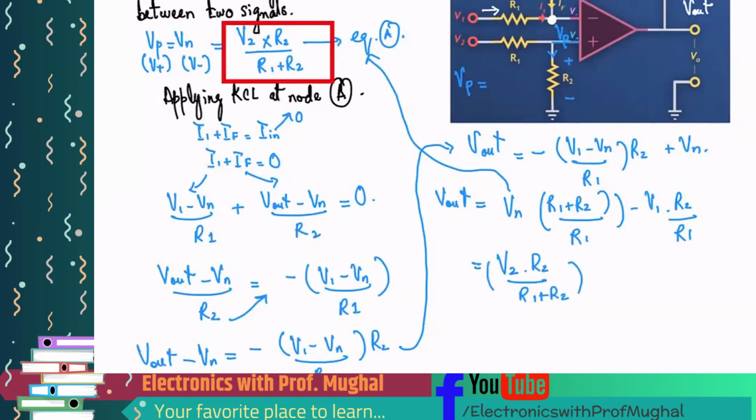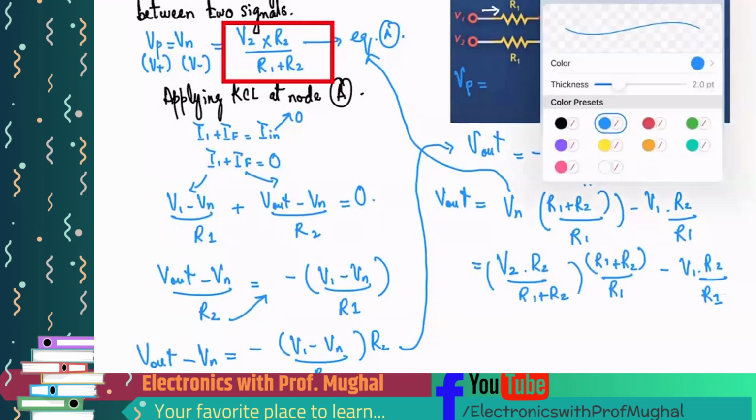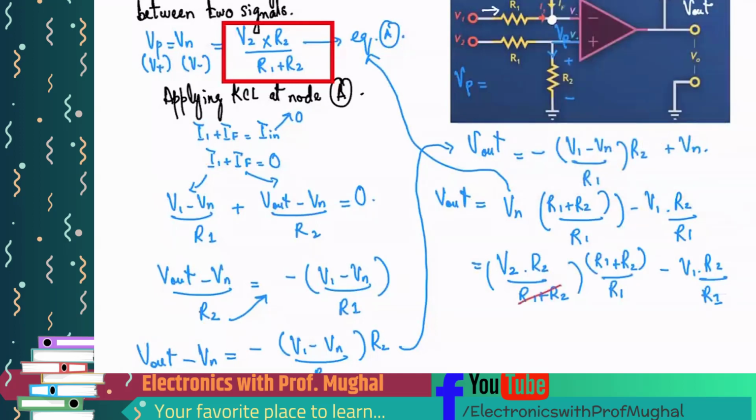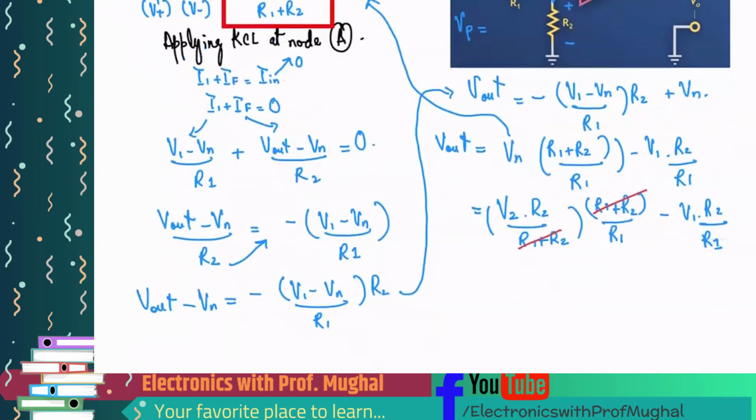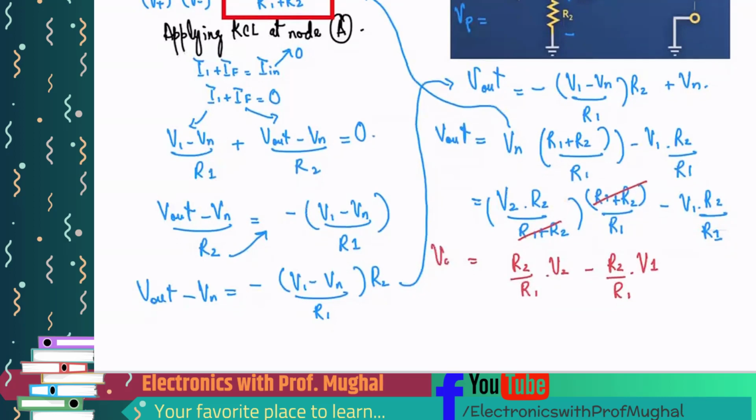This R1 plus R2 remains here, divided by R1, and then minus V1 times R2, R1 remains as it is here. Now here I can cancel out R1 plus R2 and R1 plus R2. I will have R2 over R1 times V2 minus R2 over R1 times V1. That is my Vout.